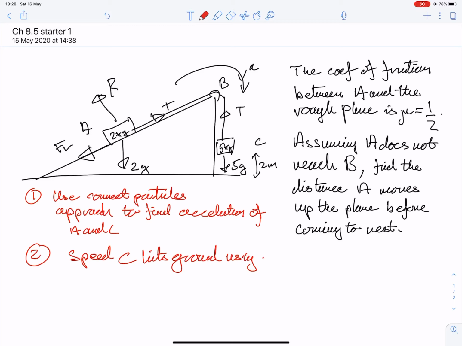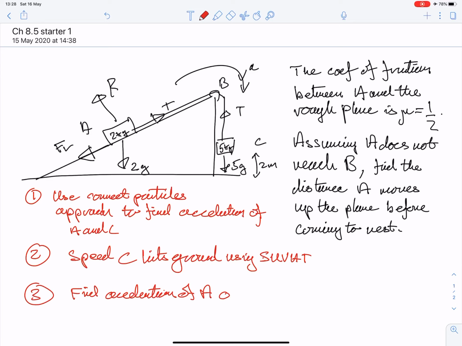2, we need the speed C hits the ground using SUVAT, or constant acceleration equations, because the acceleration is constant.